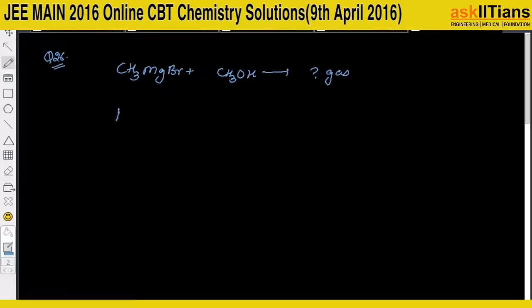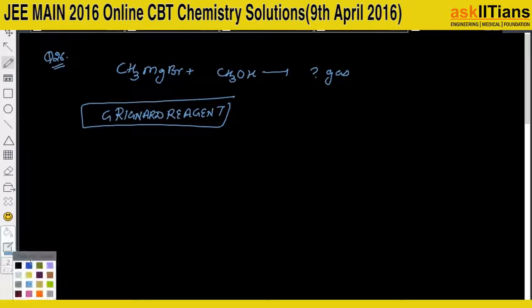Now dear students, this is the reaction for a Grignard reagent. You should be very aware about the Grignard reagent, do not get confused. In a Grignard reagent this is delta minus, and this delta minus is a very good base also.